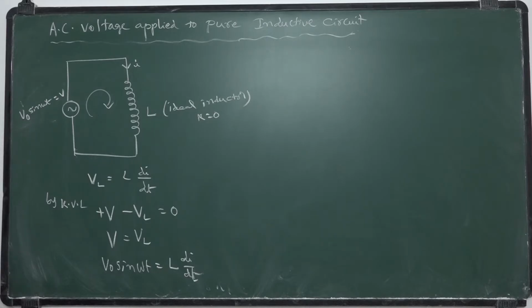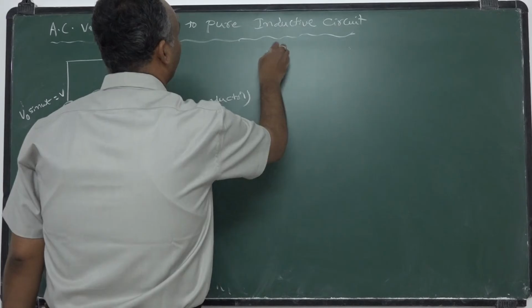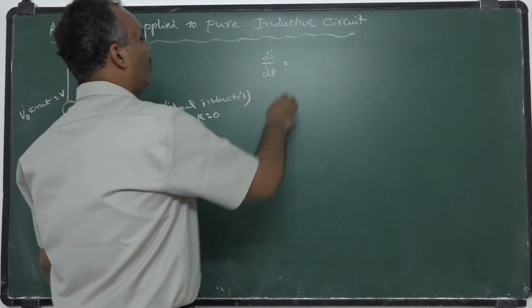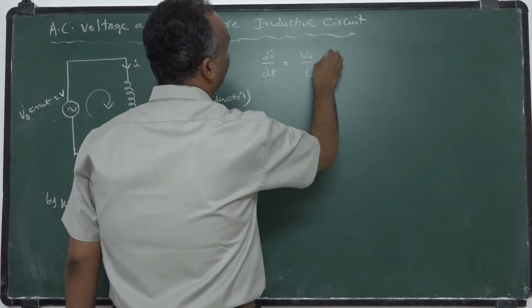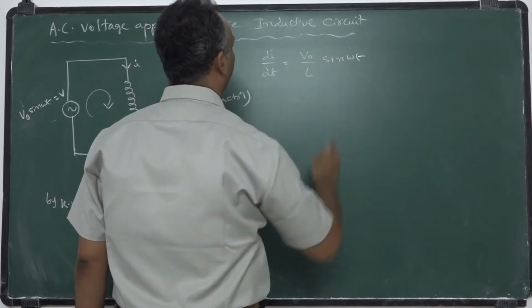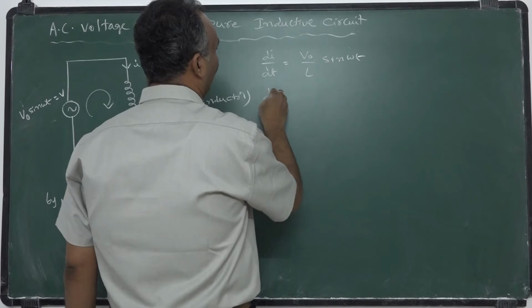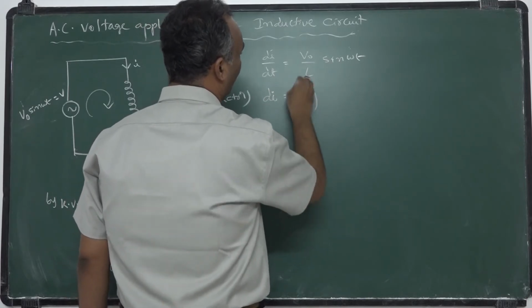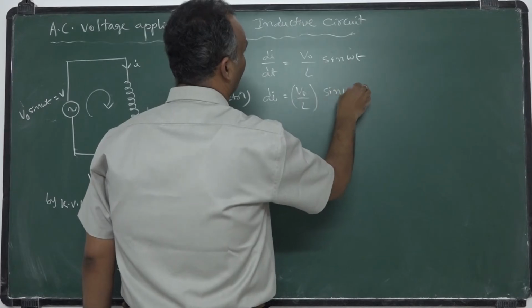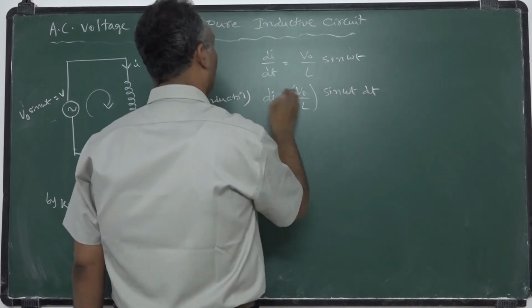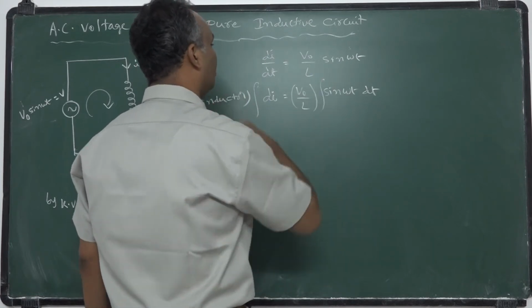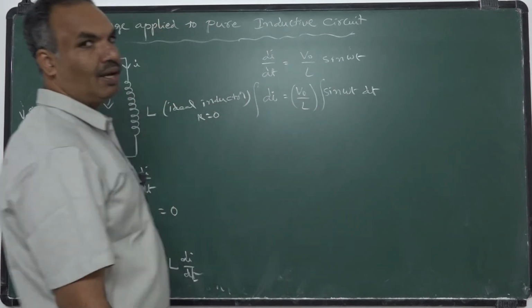Now, I need to simplify this. di by dt is given by V naught by L sin omega t. Di is given by V naught by L into sin omega t dt. In order to remove the derivative on both sides, I should put integration. Here V naught by L is a constant, I kept outside.